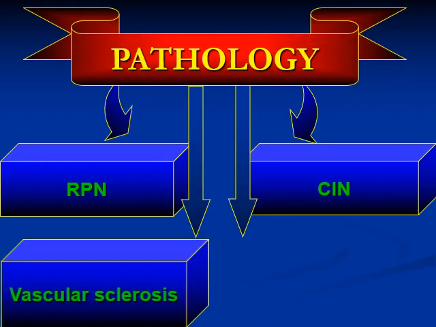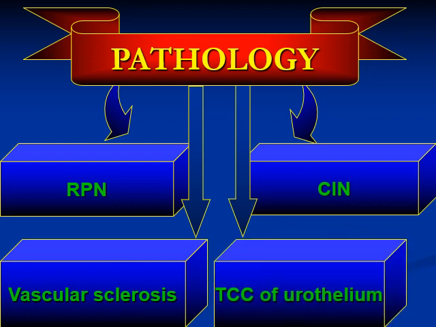Those who abuse the non-steroidal anti-inflammatory drugs develop the following in their kidneys: a renal papillary necrosis, which is the primary feature of analgesic nephropathy. It is due to medullary cytotoxicity and ischemic infarcts.